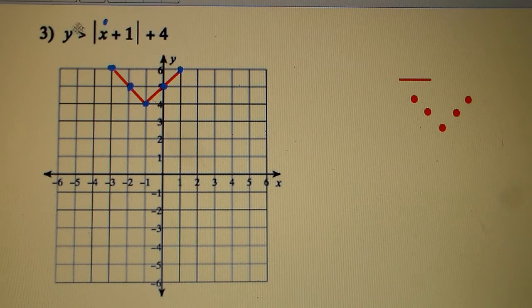Now to deal with the inequality part, it says y is greater than. Now notice here, it's greater than, it's not greater than or equal to. I didn't catch that part in the other problems. I didn't really highlight it there. So greater than we know is above.